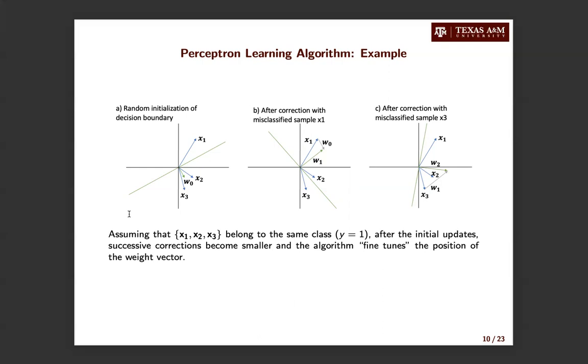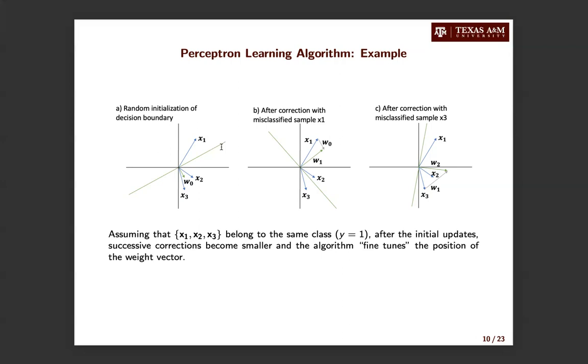In this specific example, we are going to assume only 3 samples, x1, x2, and x3, that are also being shown in this 2-dimensional space. And we will assume also that these belong only to the same class, essentially to the class y equals 1. So this green line on the left figure here represents the initialization of our decision boundary.